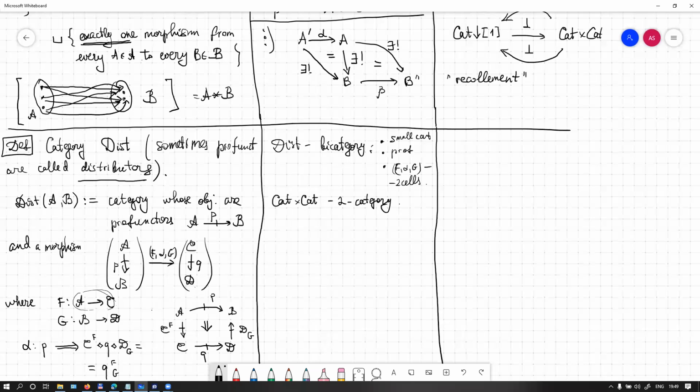Then for every A and B, one second. I probably missed some information when I was thinking about this.